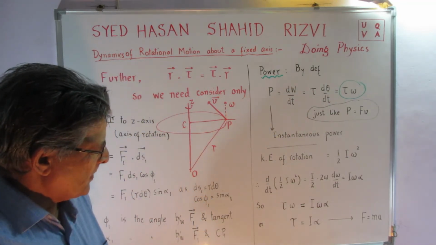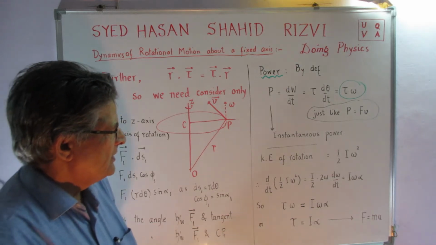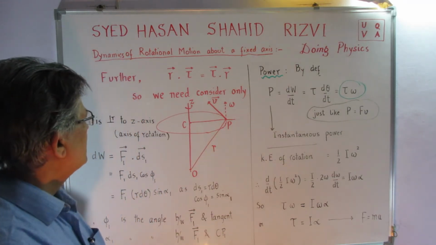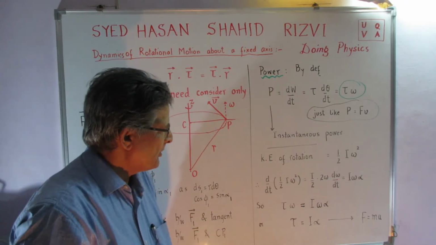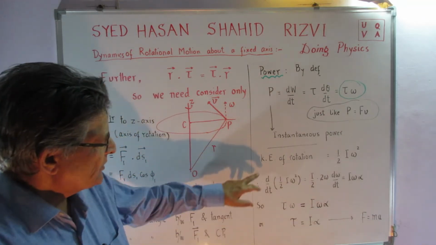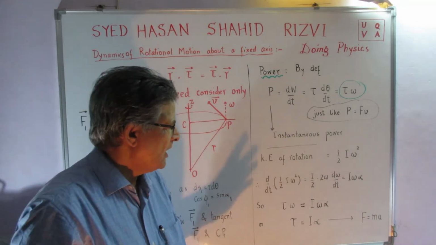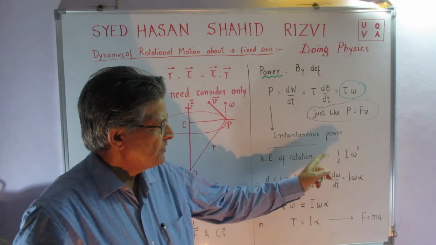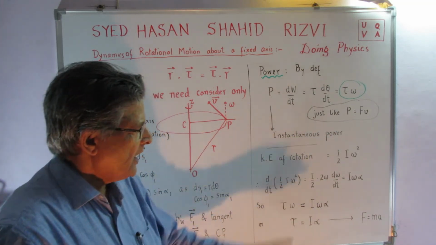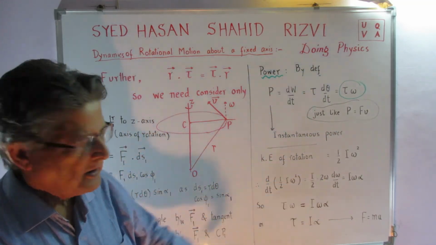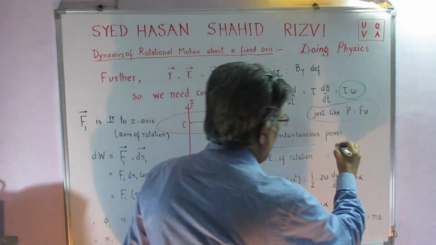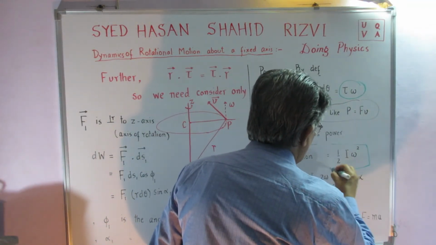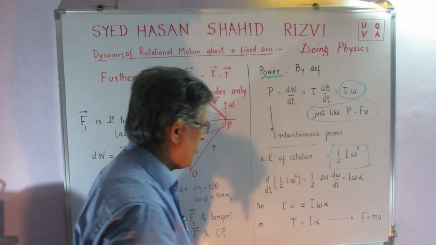Now, to wind up the dynamics of rotational motion about a fixed axis, let us define the kinetic energy of rotation, which is like its counterpart half mv square. We write it as half I omega square.